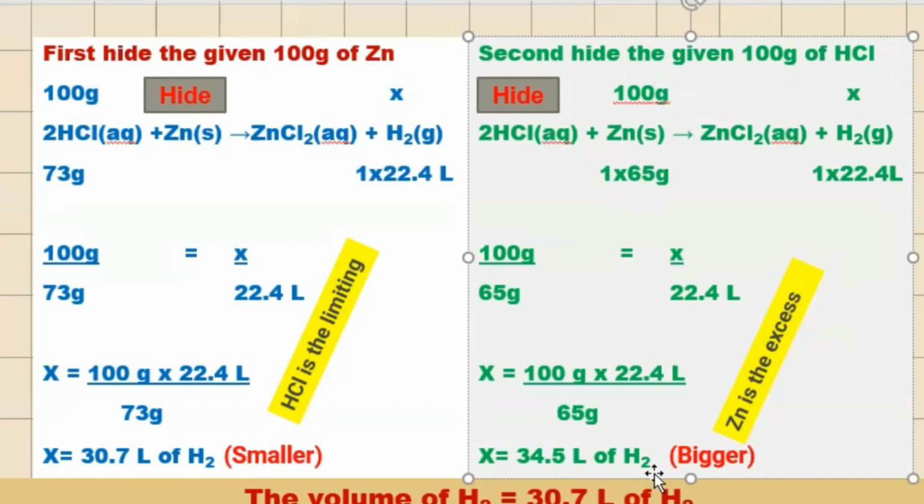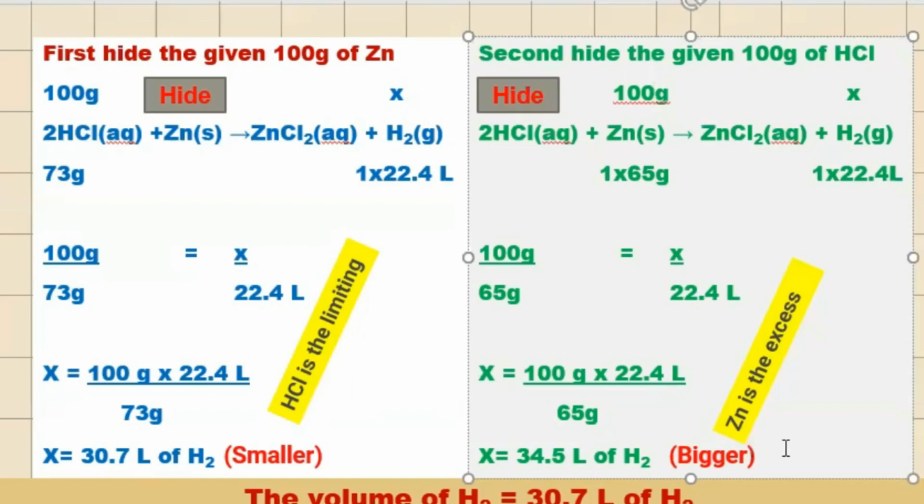And then compare these two volumes of hydrogen. This one is 30.7, which is smaller than 34.5 liter. The smaller one indicates HCl is the limiting reactant, which determines the amount of the product. That means the amount of the product is calculated by using the given mass, 100 gram of HCl.